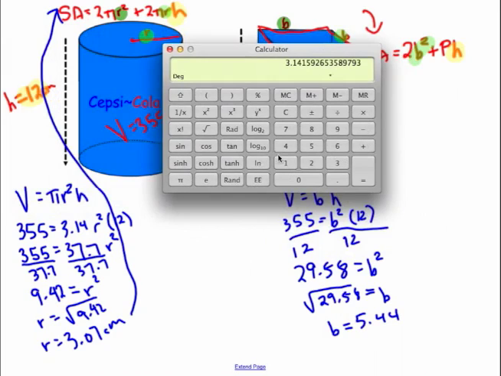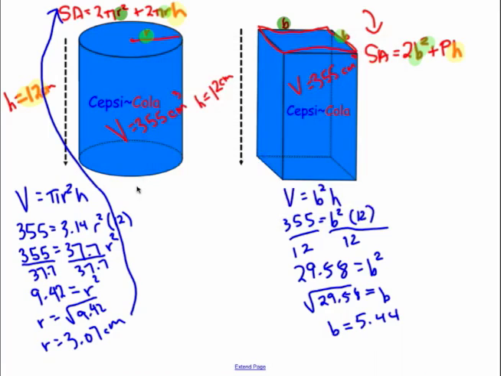It's 2 times pi times the radius squared, plus 2 times pi times the radius times the height. And we have the surface area of this can is 250.8.